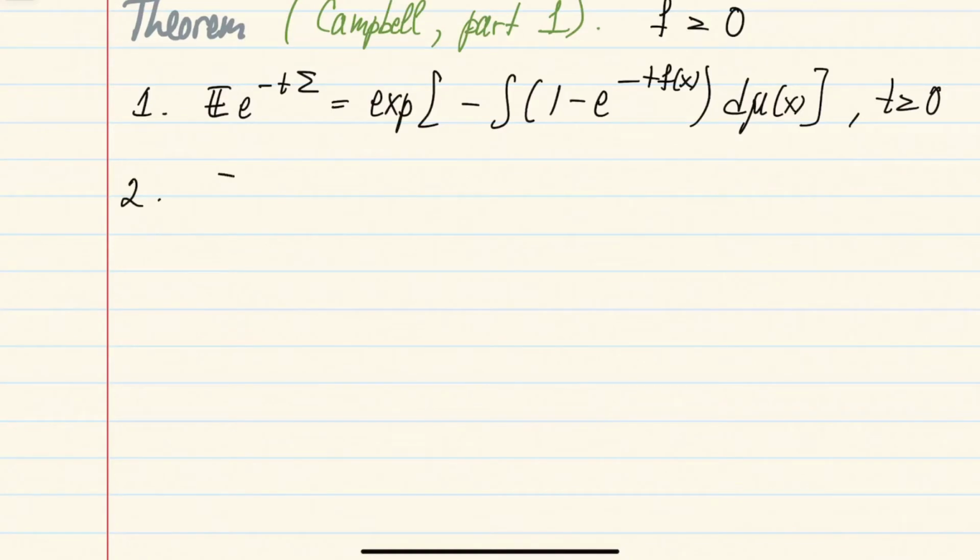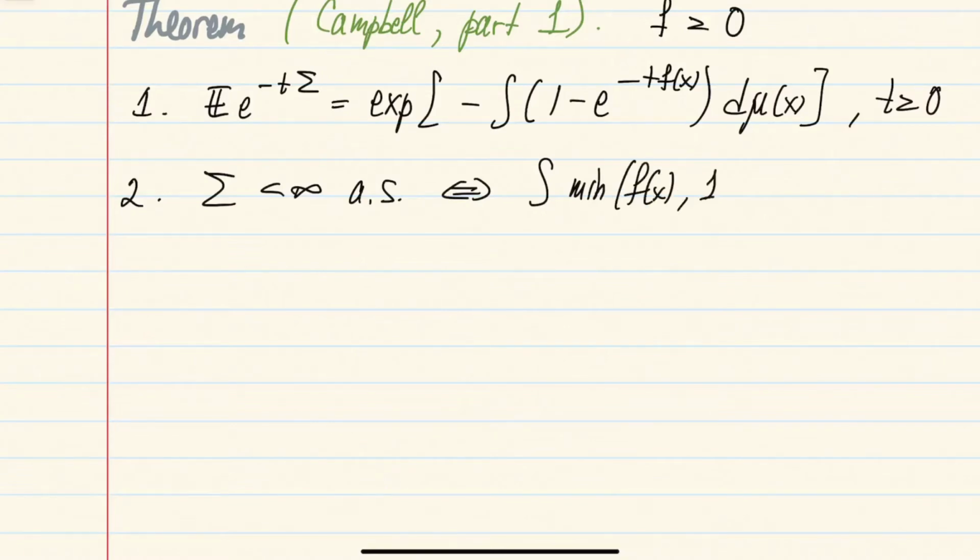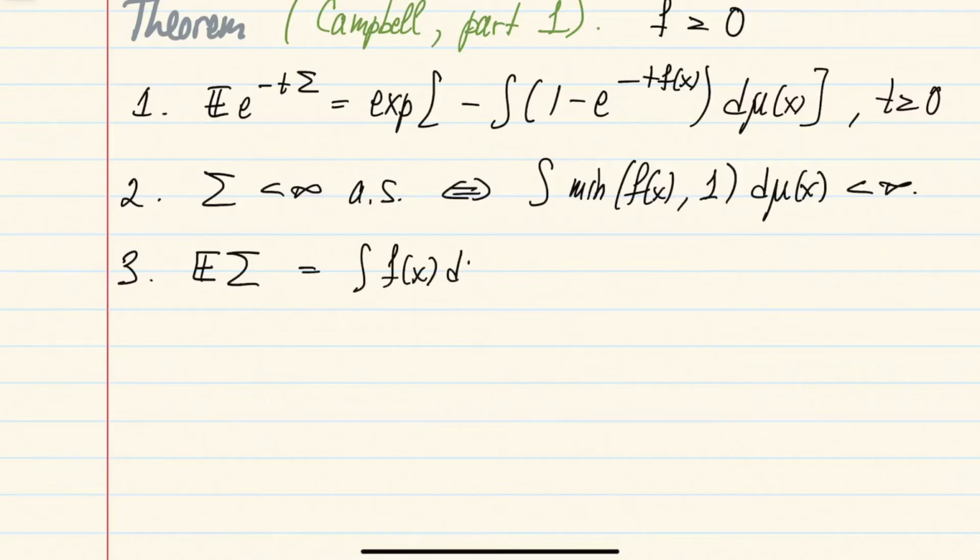Part 2 will show that our series is finite almost surely if and only if the integral of the function f of x truncated at 1 with respect to the mean measure is finite. And also one can compute the expectation of this random variable as the integral of f of x with respect to the mean measure.